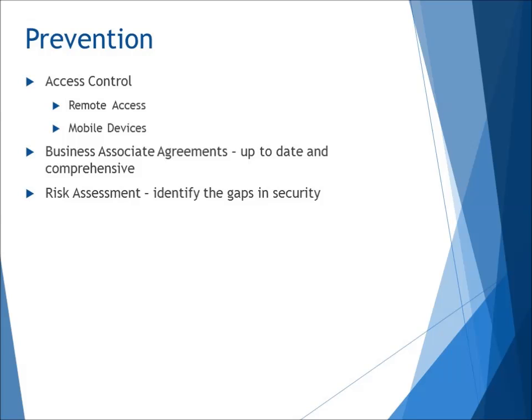Again, risk assessment, I can't state this enough, that this really is the backbone of your compliance program, to have a risk assessment done and ensuring that you know where the gaps are so you can begin to mitigate them. As I said, creating that culture of compliance, really showing your patients that you value their information, that you're protecting it.